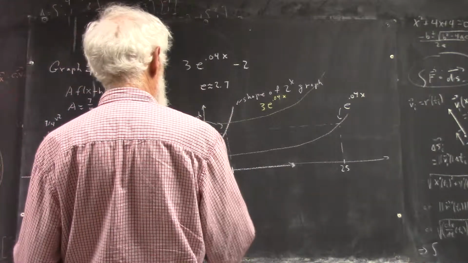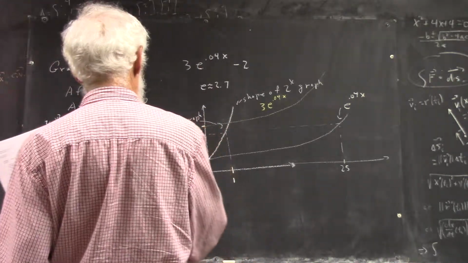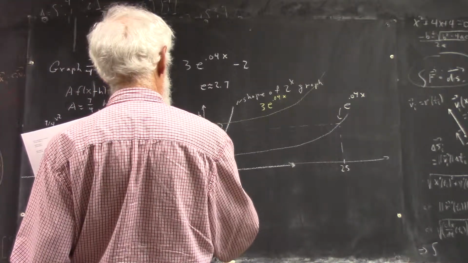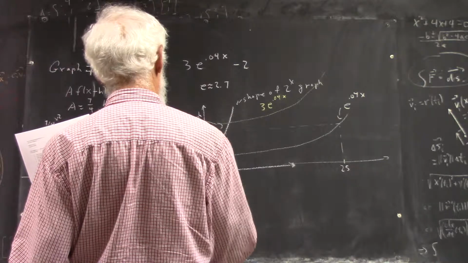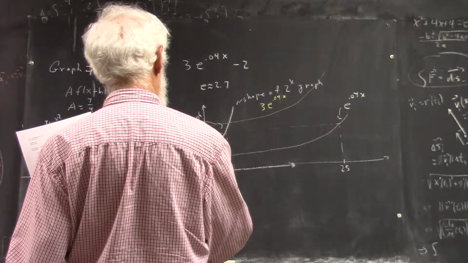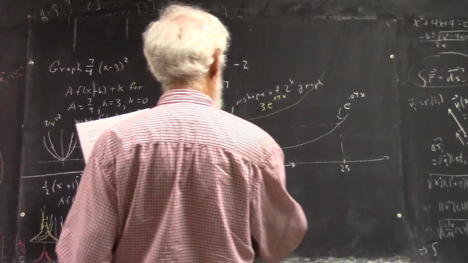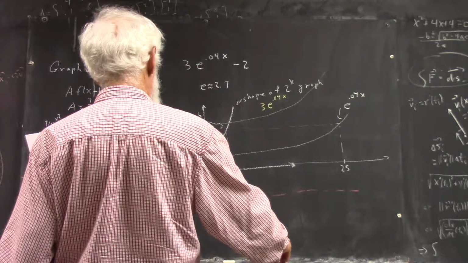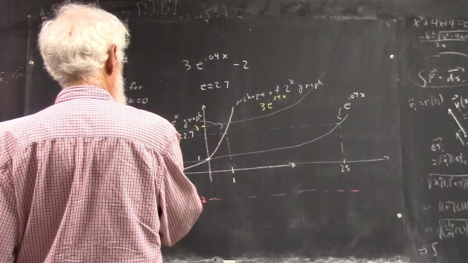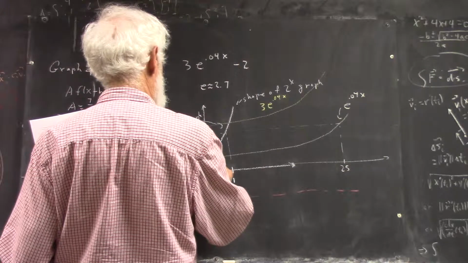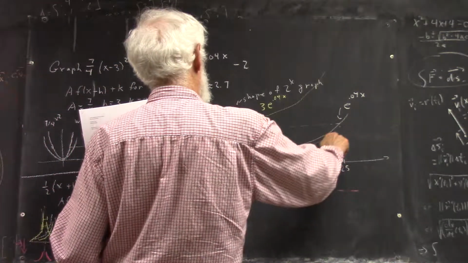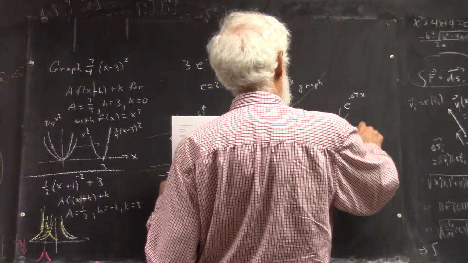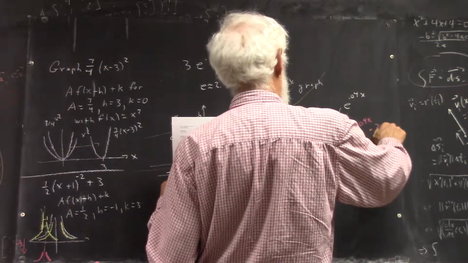And then you subtract 2. So we've got -2 down here. And now we lower this graph 2 units. And it comes down to like about here. So this would be 3e to the 0.04x minus 2.